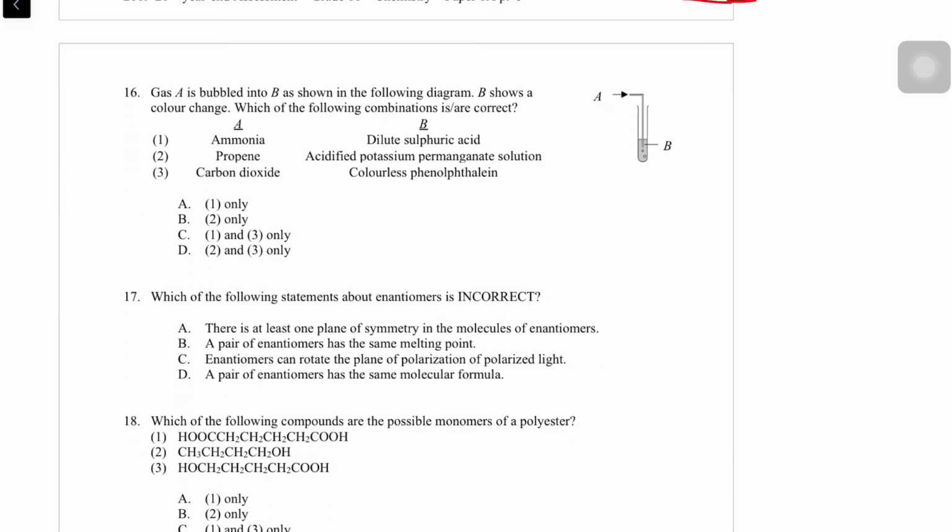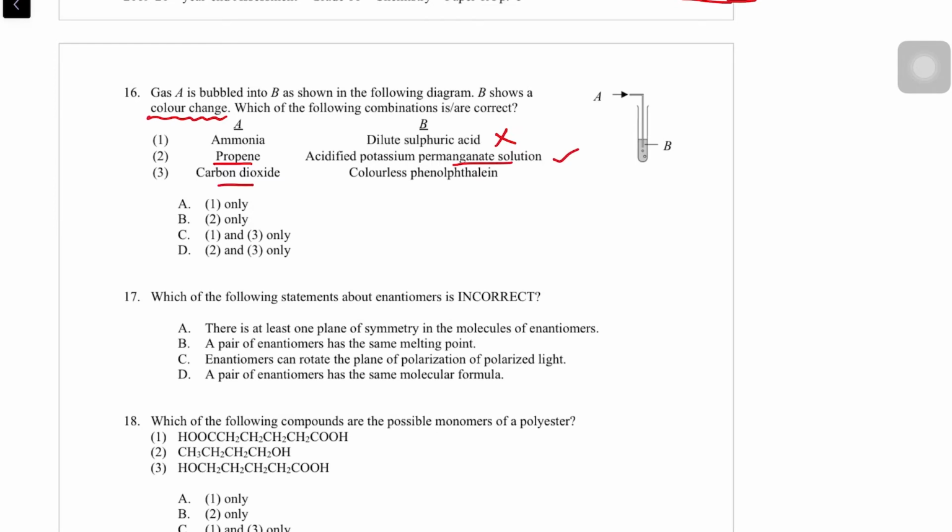Question 16. Bubbling shows there is a color change. Let's see. Ammonia bubbled into sulfuric acid, this is neutralization, no color change. Propene and permanganate, yes.